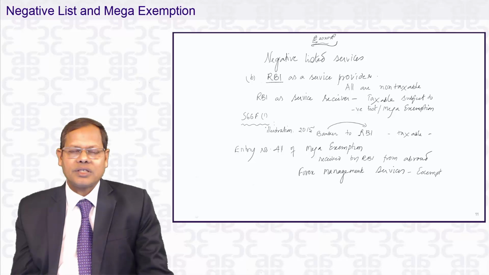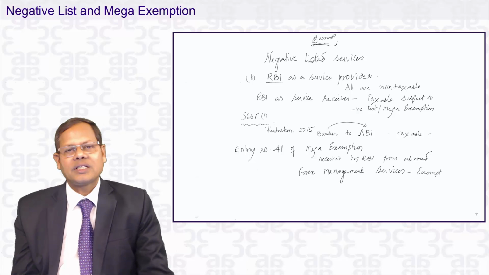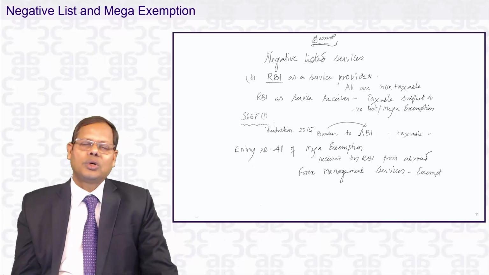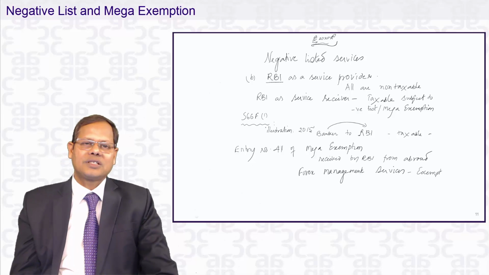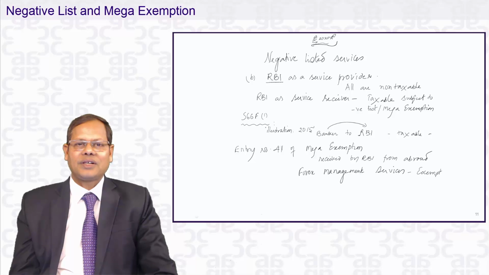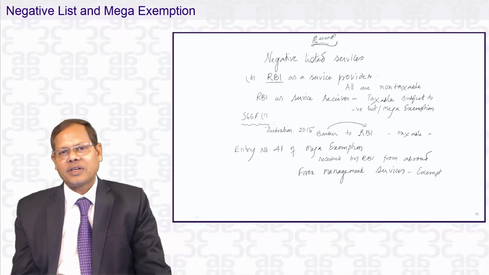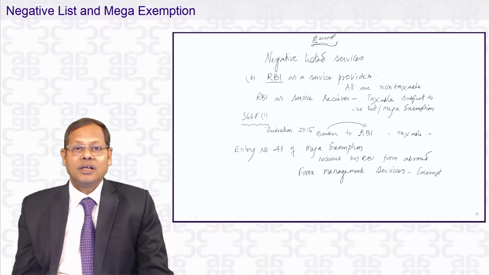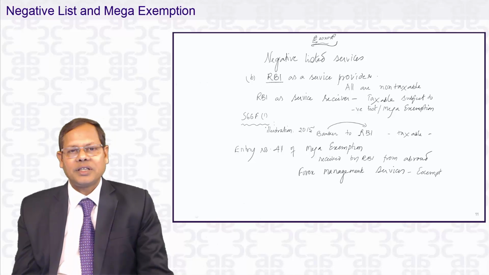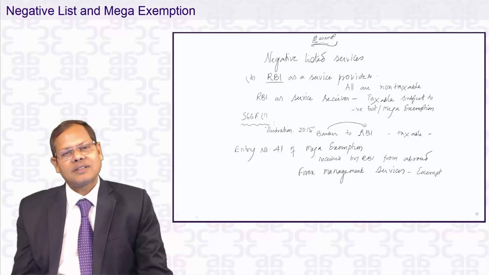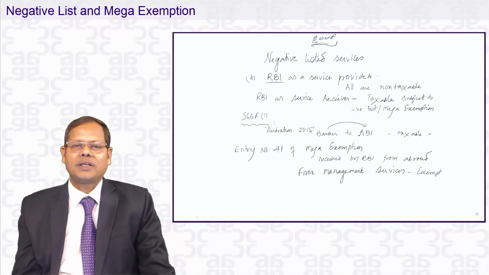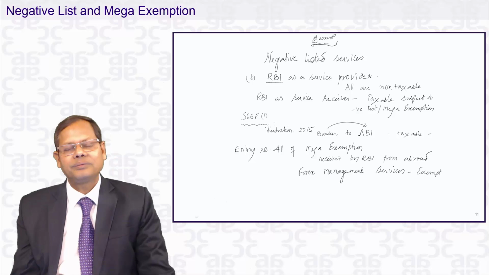Now RBI has to get itself registered under service tax, and it has to discharge all the obligations as if it were a service provider. It has to get itself registered, it has to maintain records, it has to discharge the tax liability, it has to pay itself to the government, and it has to file returns. All the procedural formalities it has to follow.